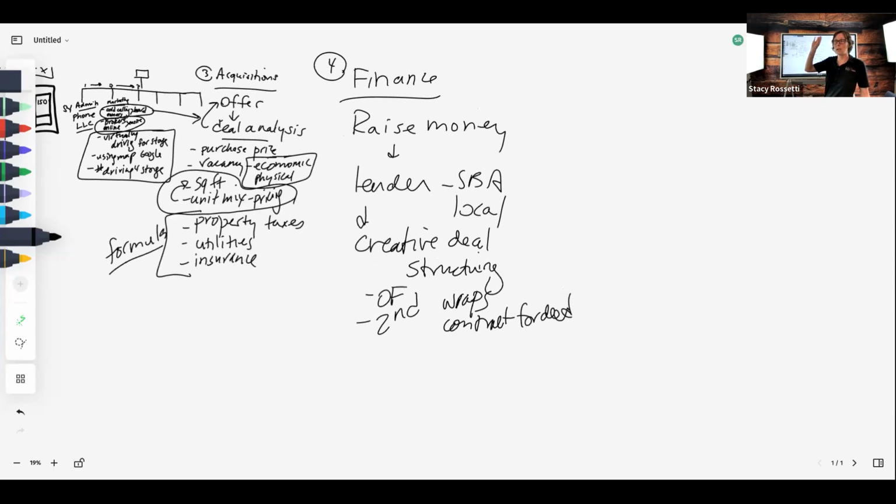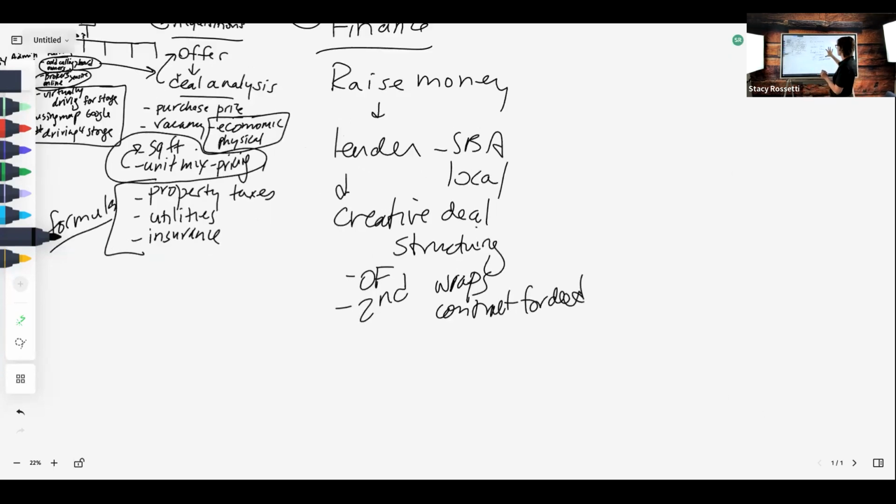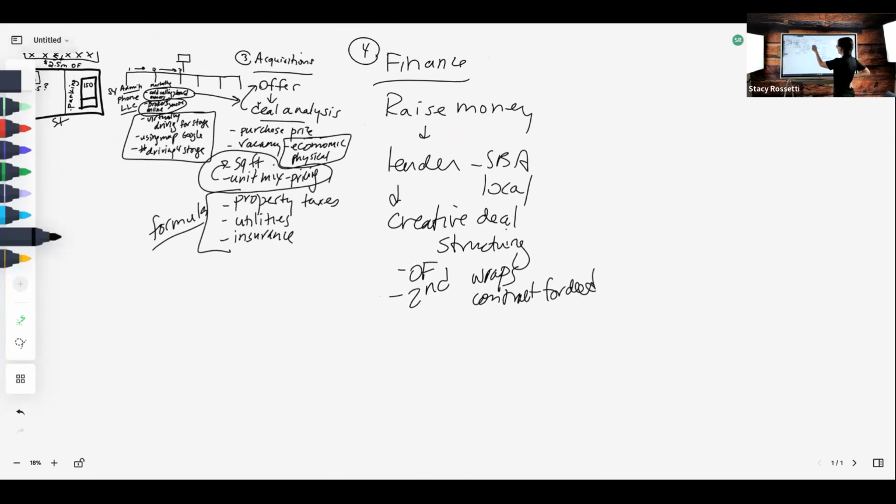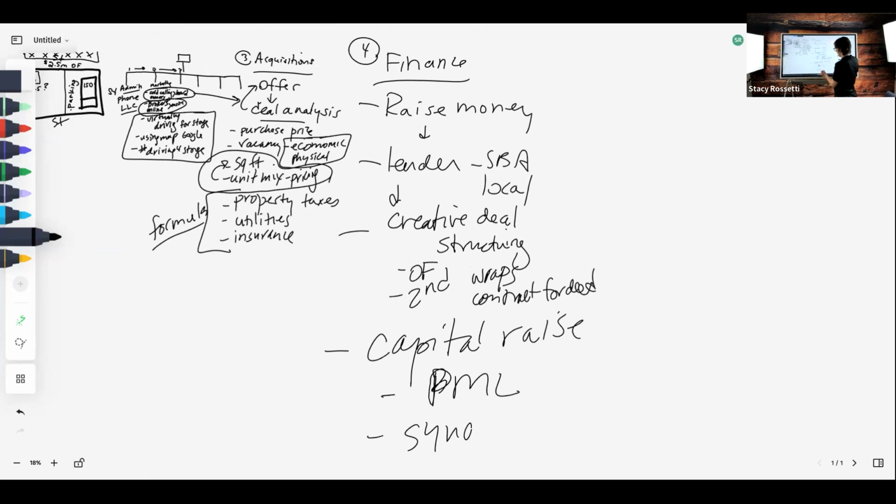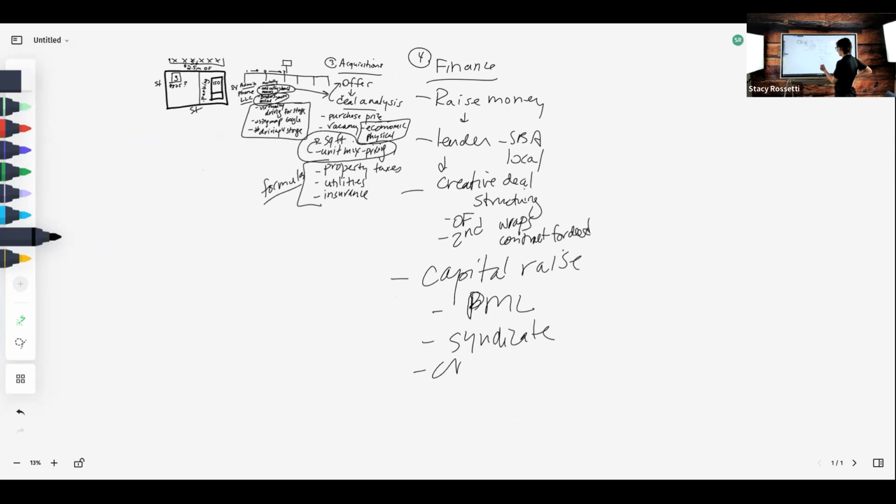The very first deal that I've ever bought with a lender is going to be the one in Clarksville. That's the very first one. But other than that, I've done something like this: a capital raise, either from a private money lender, syndicating, or crowdfunding.